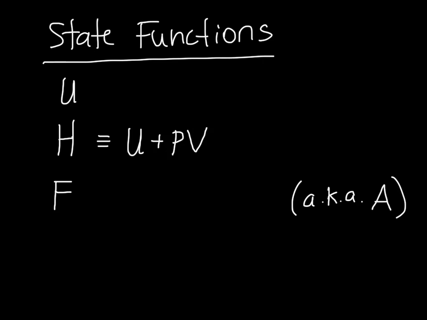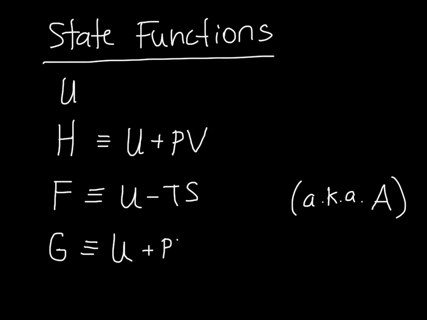So the Helmholtz free energy is defined as U minus TS, and the one that we will in the end use most often in here is the Gibbs free energy, which is defined as U plus PV minus TS.